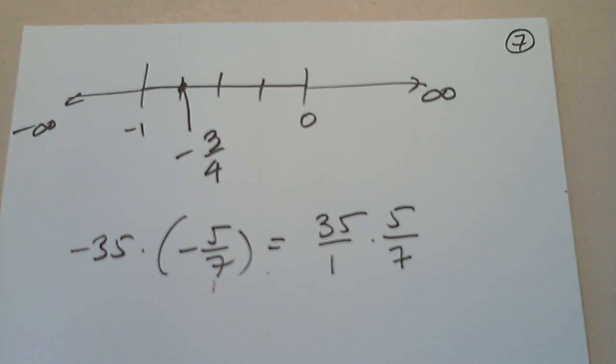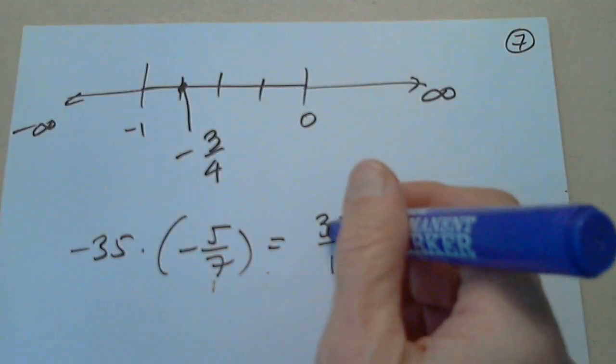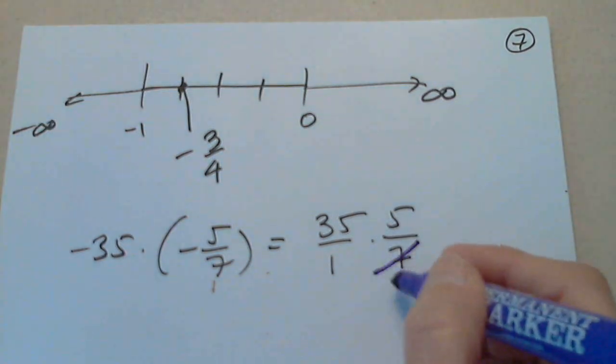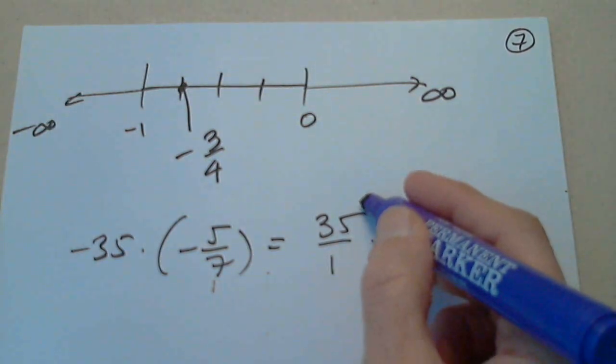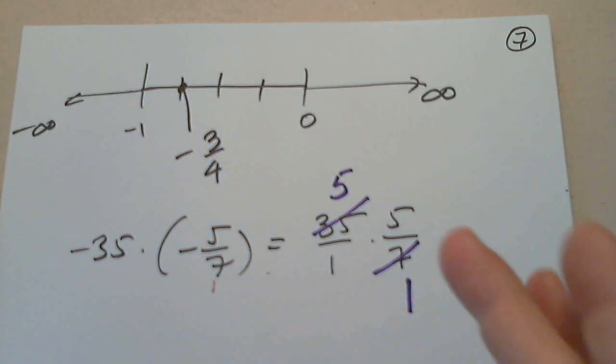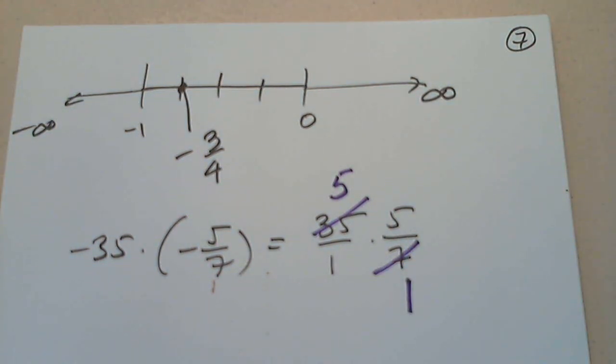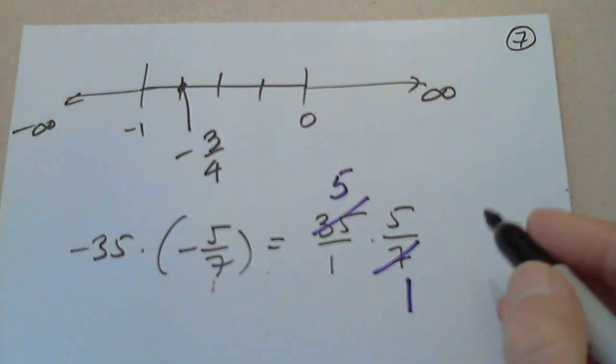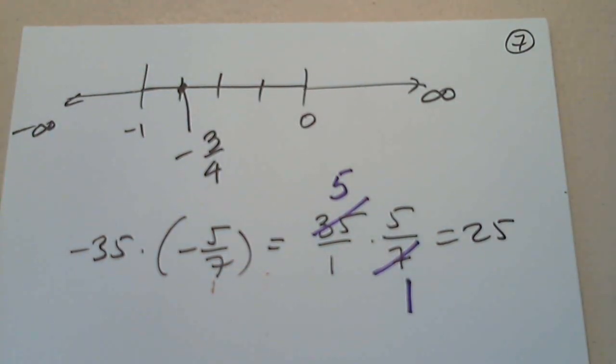I will not proceed before I simplify. There is no point in making it difficult, right? I see that 7 and 35, so 7 divided by 7 is 1, 35 divided by 7 is 5. And now it's very easy: 5 times 5 over 1 times 1. So the answer is 25. So please remember, always simplify if you can. You make your life easier if you simplify first.